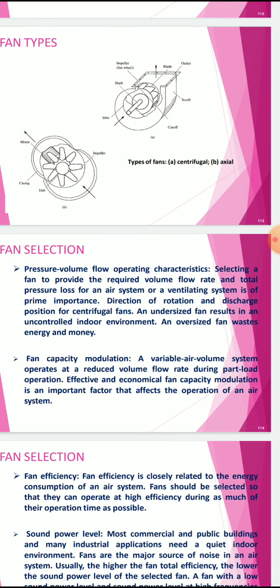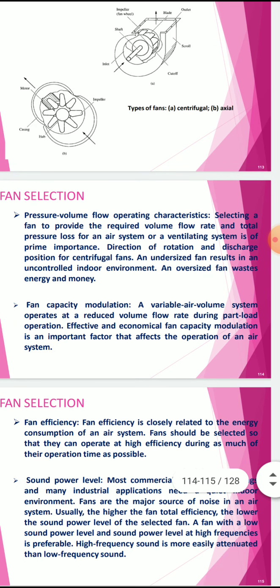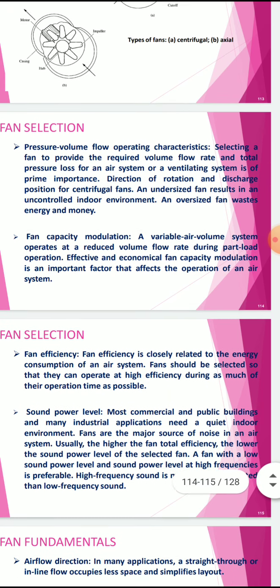The fan capacity modulation. A variable air volume system operates at a reduced volume flow rate during part load operation. Effective and economical fan capacity modulation is an important factor that affects the operation of an air system.